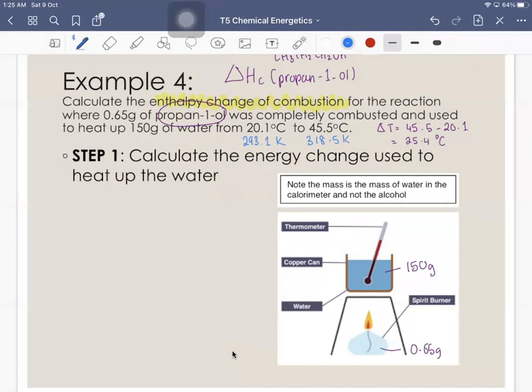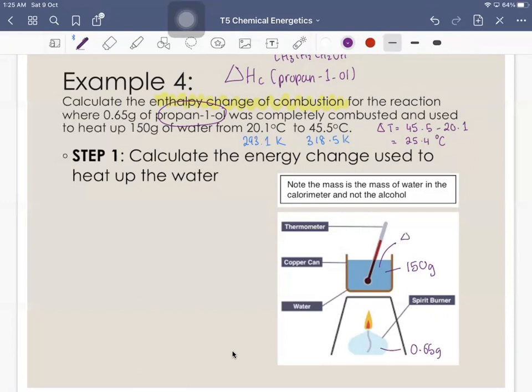First step in the question, sometimes they tell you the first step, sometimes they don't. Sometimes they just ask you to find straight away the enthalpy change without giving you the steps. But in your notes, I have provided you the steps so that you can use the same steps when you do questions later on.